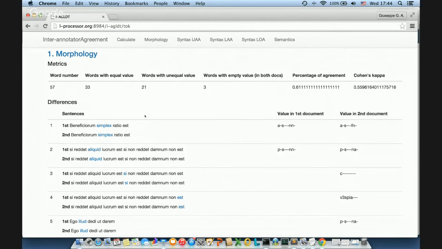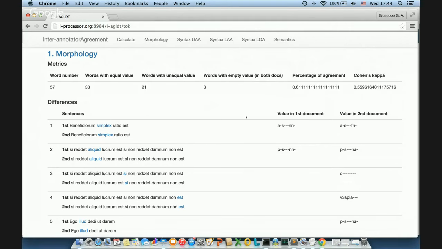For example, if we look at the morphology, I have not talked about morphology really, not because, to tell the truth, morphological annotation is not complex. It can be very complex, but because I thought it was more important to focus on the syntactic annotation, which usually is more problematic.